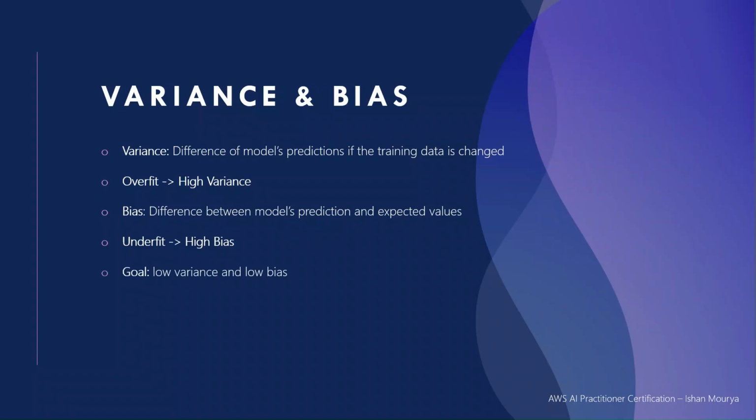Basically, we have to balance the model between simple and complex, based on the training data, so that it does proper learning. Remember, our goal is always low bias and low variance.